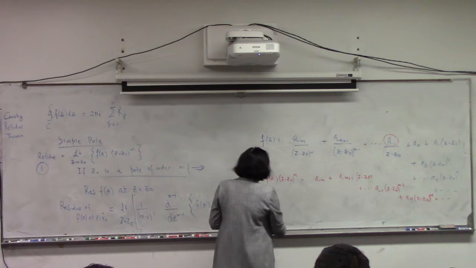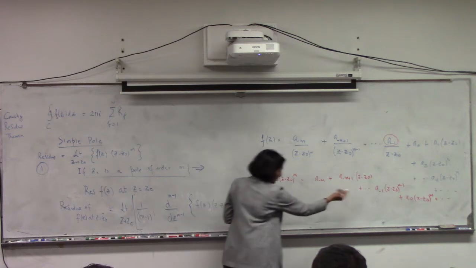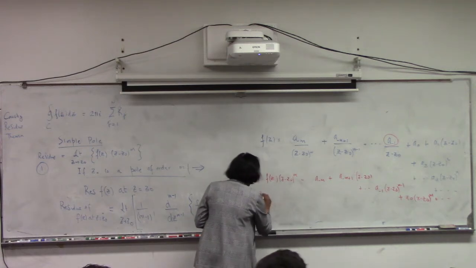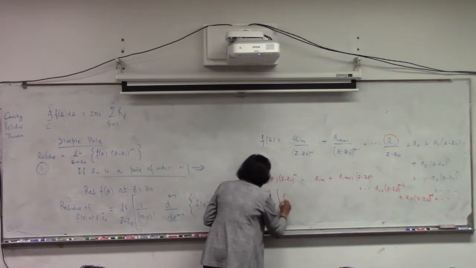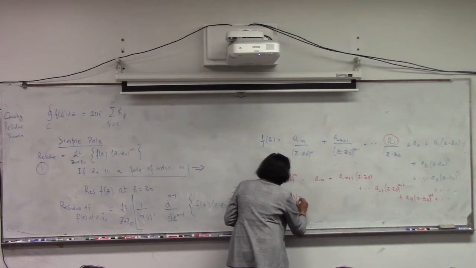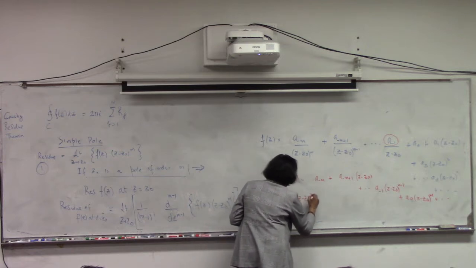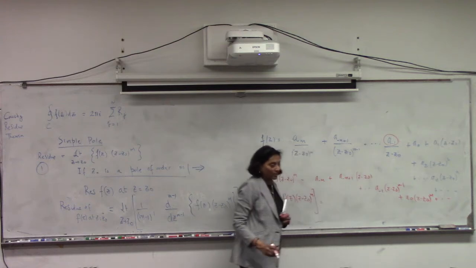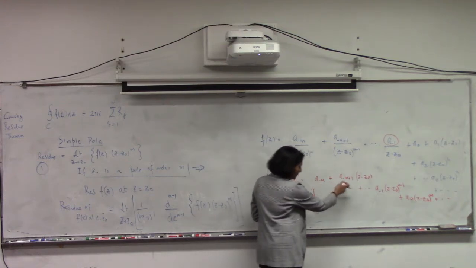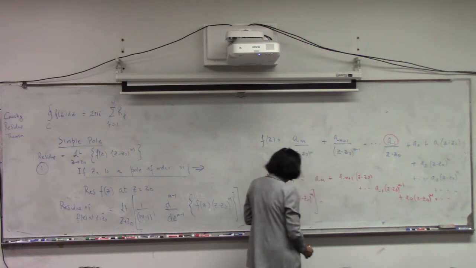Fine. Now you say, okay, that doesn't help me. If I take the (n minus 1)th derivative of this quantity, these terms will start dropping off, because this is a constant, and all these things will start dropping off.